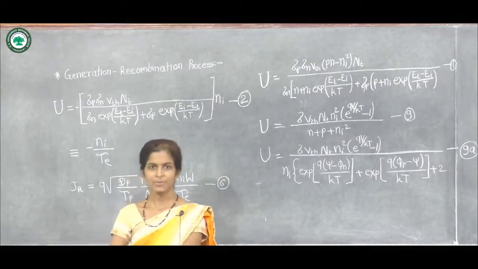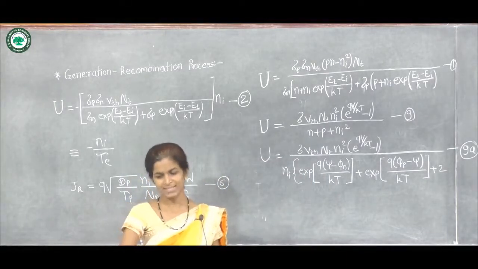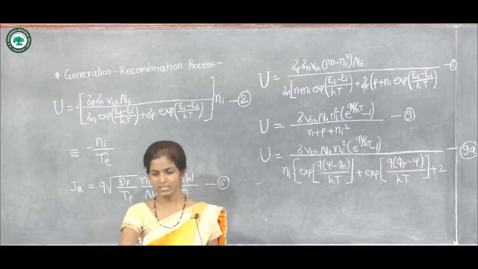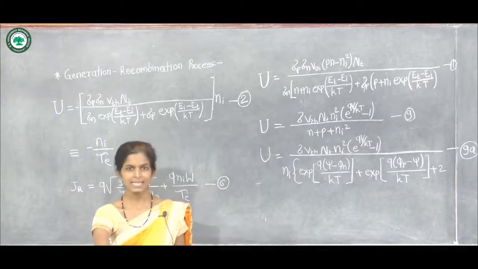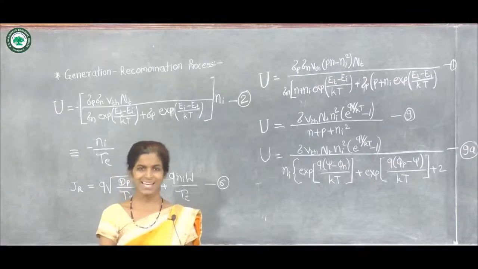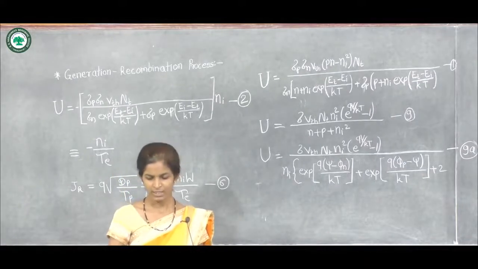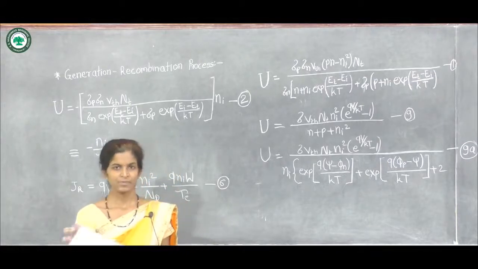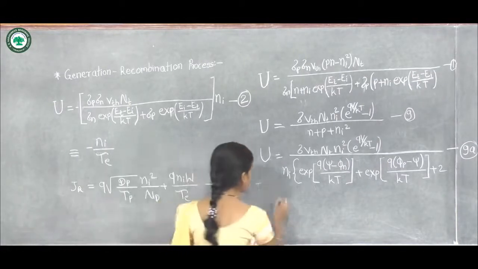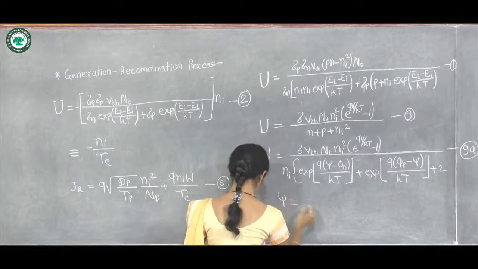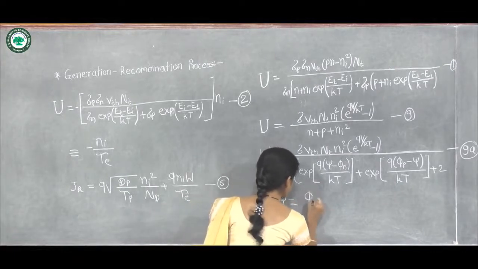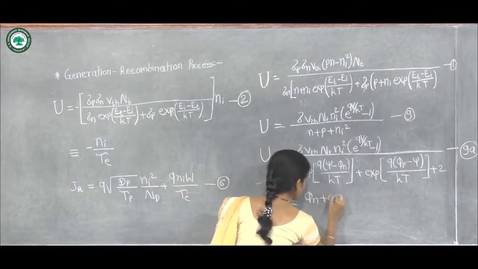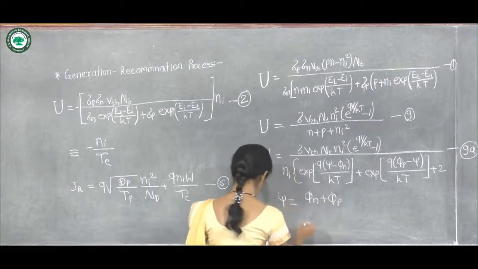The maximum value of U exists in the depletion region where psi is halfway between phi p and phi n. So psi is given by psi is equal to (phi n plus phi p) upon 2.